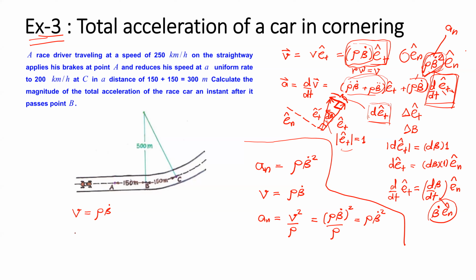The acceleration in the normal direction is equal to radius of curvature multiplied by the square of the angular velocity. What you may be familiar with from the physics one, maybe v equal to R omega.